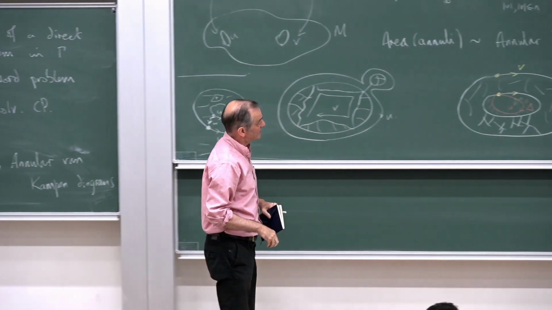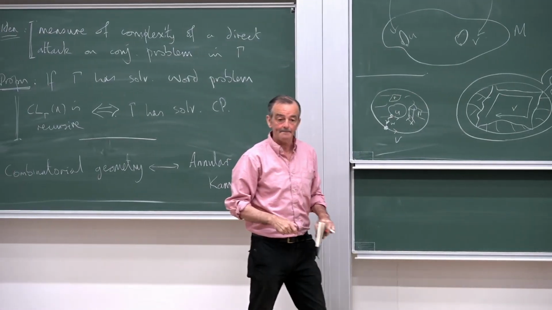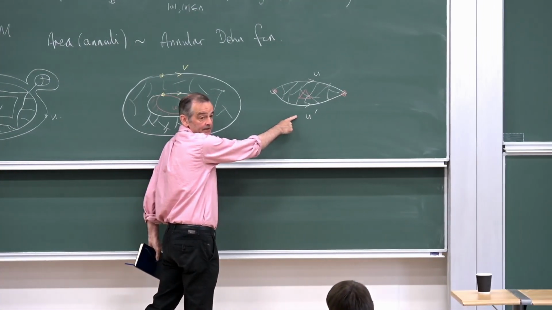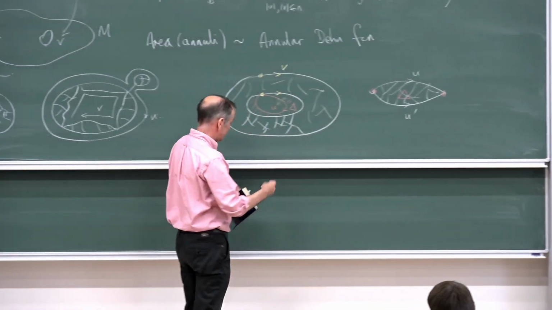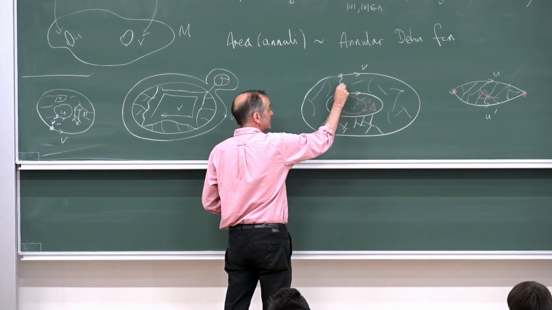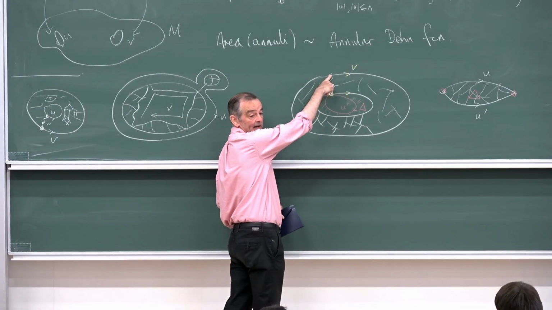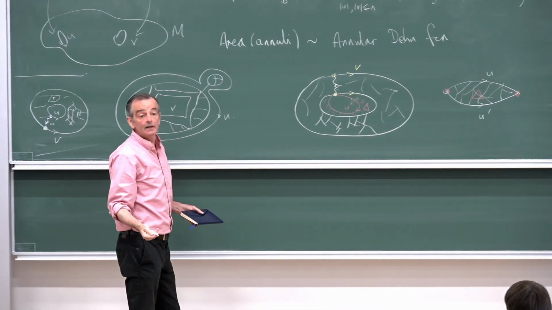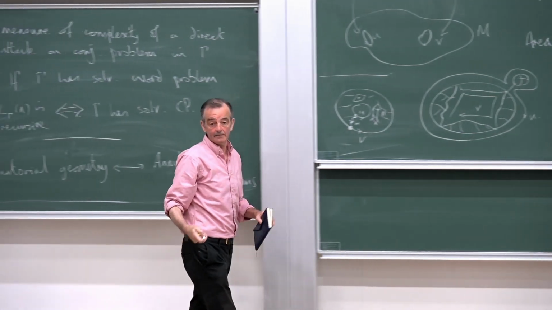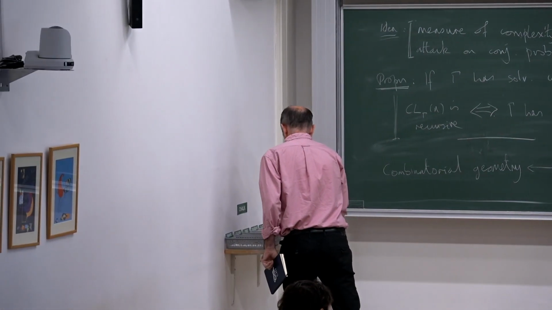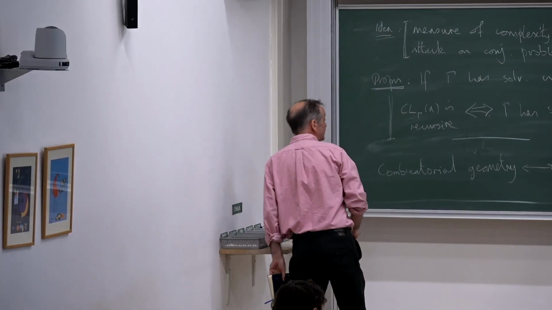Now I've got a new annular Van Kampen diagram, where the inside label isn't u anymore, it's u prime, this other word representing the same group element, but I didn't change the conjugated length, because the conjugated length is just the length of the shortest path from here to here. Okay. So it doesn't matter whether I talk about words or group elements when I'm doing this conjugated length function. Okay, it's kind of swept up in the definition.